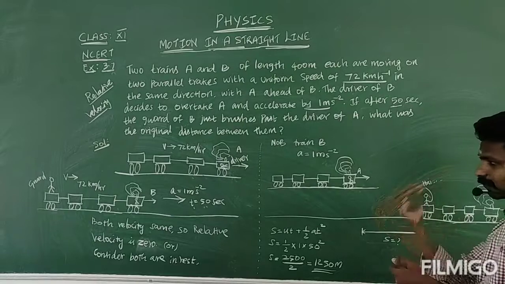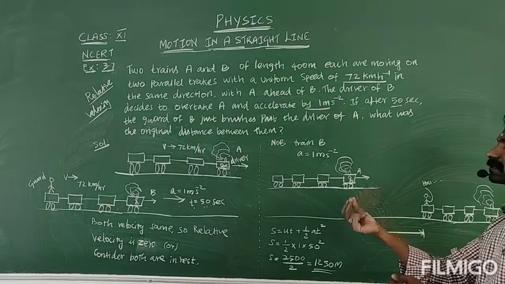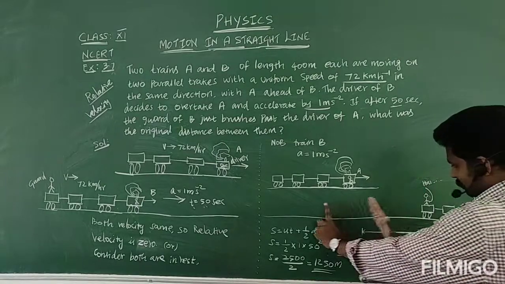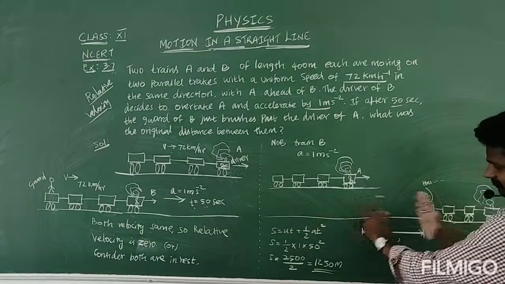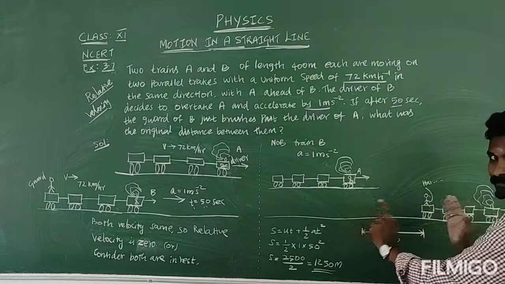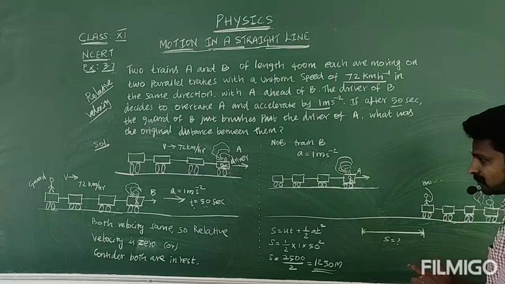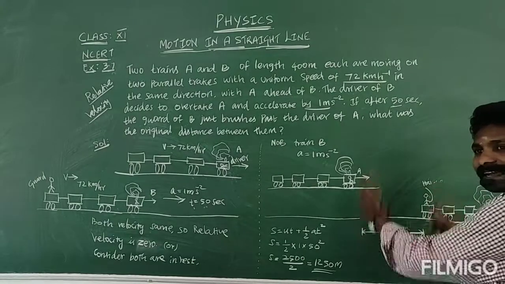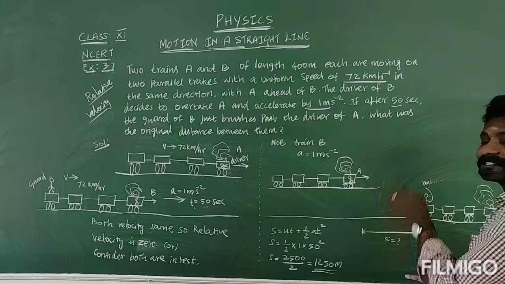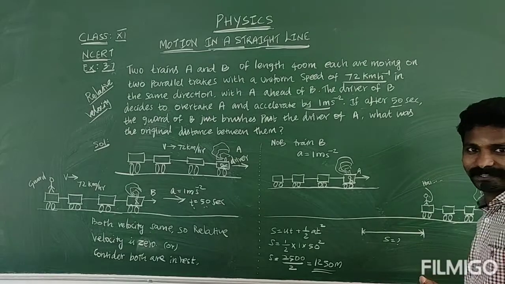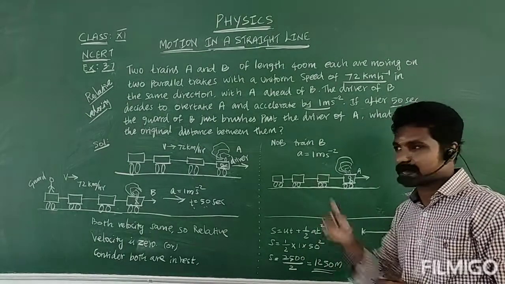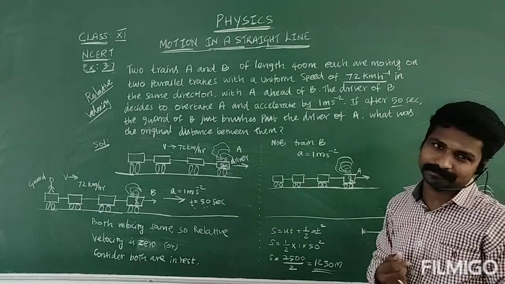So applying 1 meter per second squared for 50 seconds, he covered some distance. He overtook some distance. That distance only is asked: the distance between train A and B. Train A and B go at uniform speed, train A a little ahead.